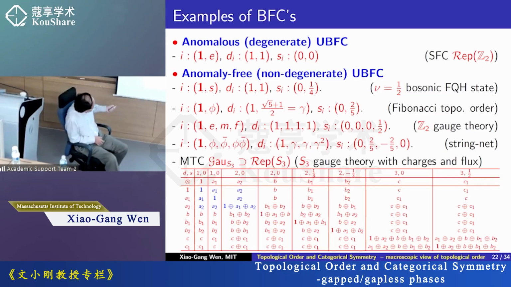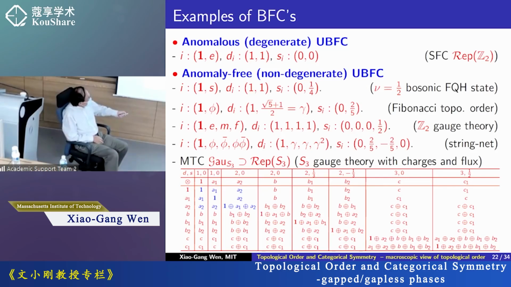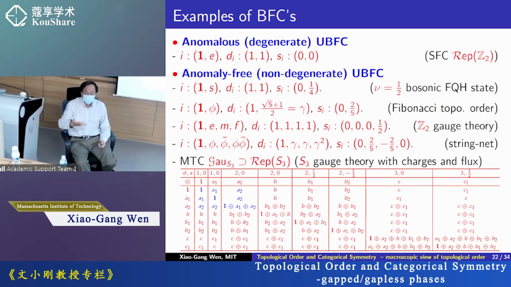And then we'll also discuss the S3 gauge theory. The S3 gauge theory has this data. This one is the trivial excitation, with quantum dimension 1 and topological spin 0. Remember, S3 gauge theory has particles labeled by the representations of the S3 group.